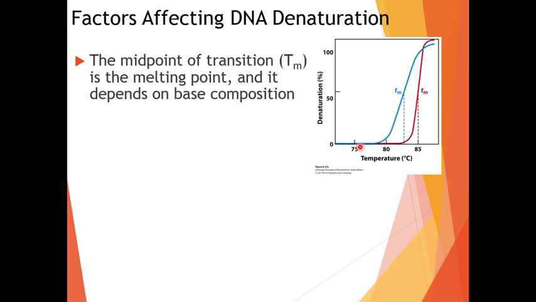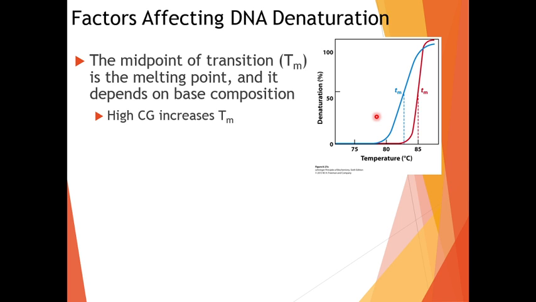For DNA specimen A, which gives a blue curve, Tm gives the transition melting point. And for a different specimen, which is given by a red colored curve, Tm is the transition or melting point for that DNA specimen. Now, this depends on base composition.